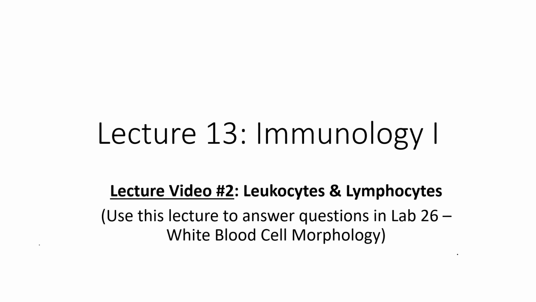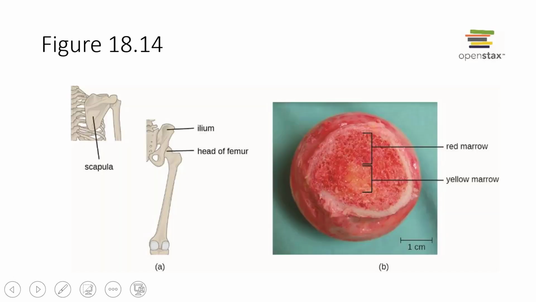So first of all, recall that all blood cells originate in the bone marrow, in the red marrow, and in the red marrow we actually have the origin of several different blood cells.